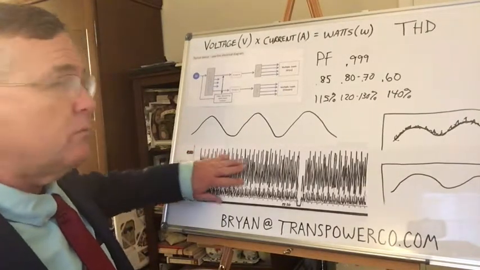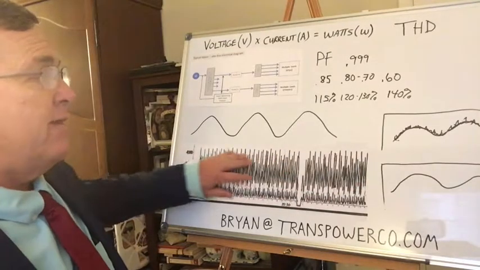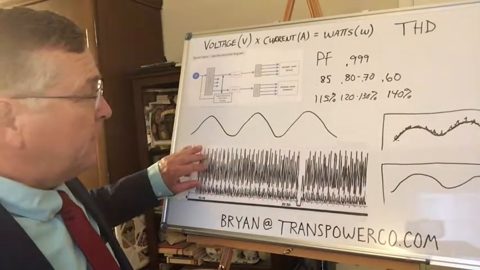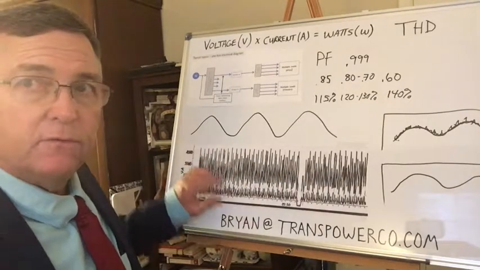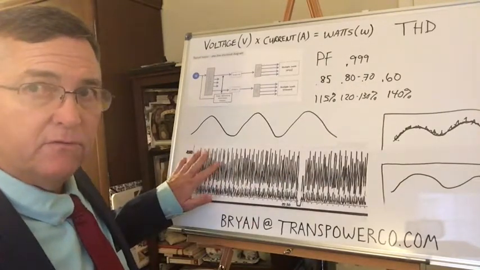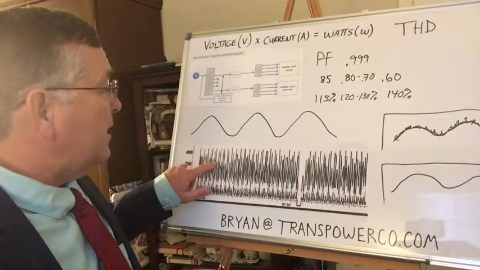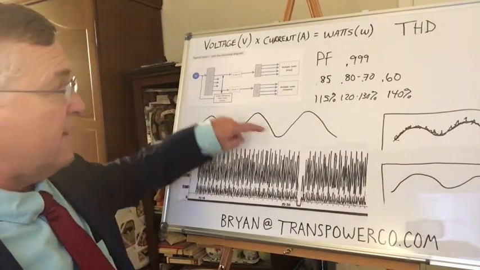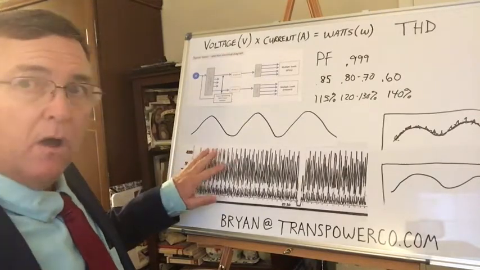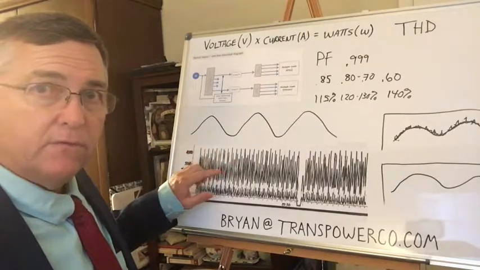This is an actual sine wave from a study, and it came in 8x10 form. I blew it up 300% so it would be visible in this video. This is what happens to this sine wave when all of the computers and everything are added to your system.